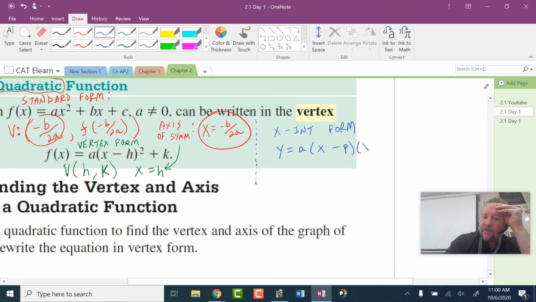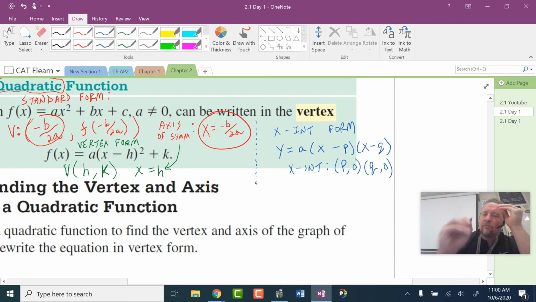So when you have these factors, this is why we're going to have to talk about factoring quite a bit. These are the x-intercepts, and that's all I want to say about it for right now. X-intercepts are p comma 0 and q comma 0.